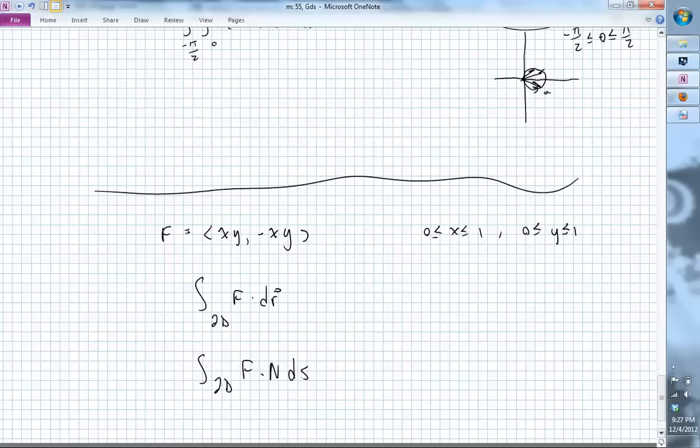Okay. So this one we know is the integral of, oh God, what is it? Is it Qx minus Py dA? And then this one, sorry, what is it?